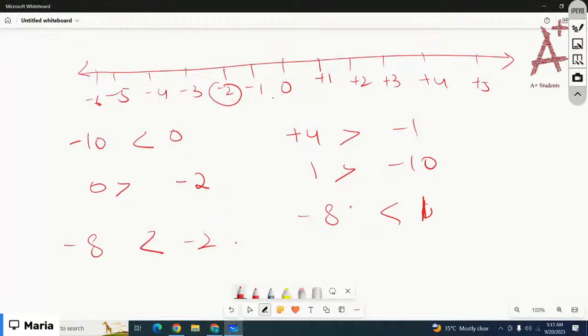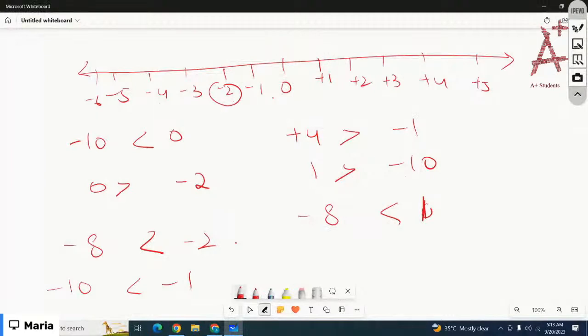Negative 10 is less than negative 1 because negative 1 is just 1 point away from 0 and negative 10 is 10 points away from 0. Keep this very important line in your mind: as you are moving far from 0 on the negative side, the numbers are getting smaller and smaller.